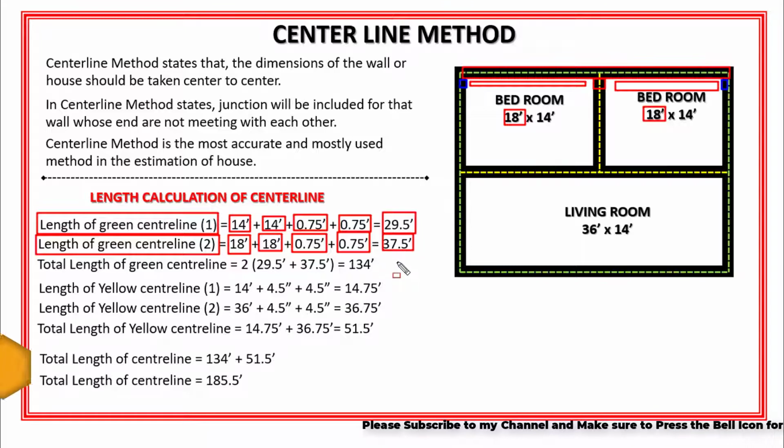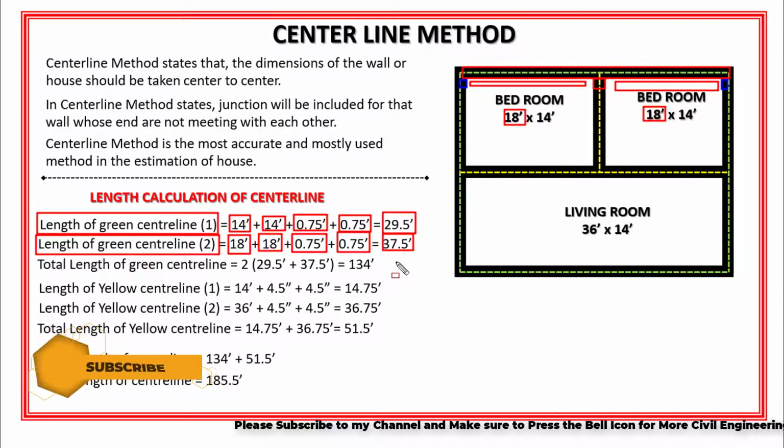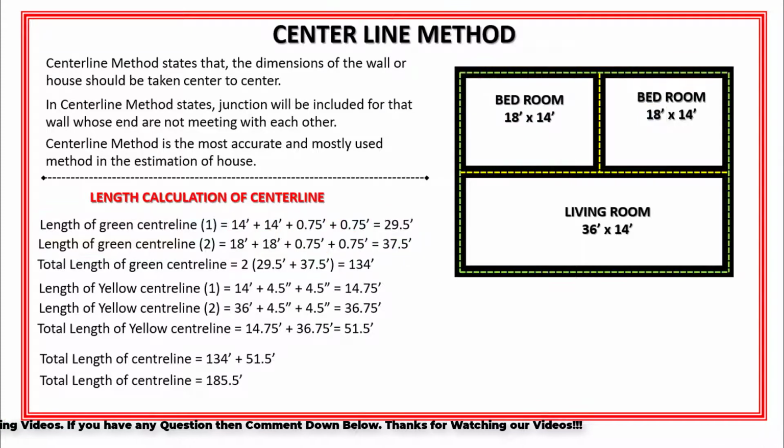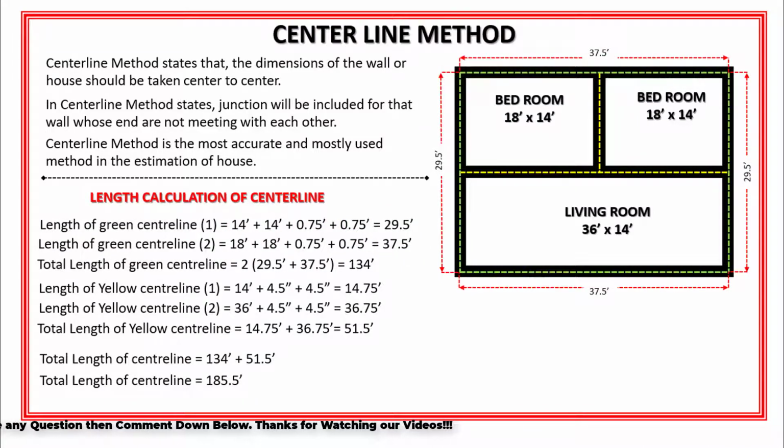Okay, so now I have the length of both these green center lines, which is 29.5 feet and 37.5 feet. So here I will add the length of these two green center lines and then I will multiply it with 2. Okay, and I already explained why I will multiply it with 2.